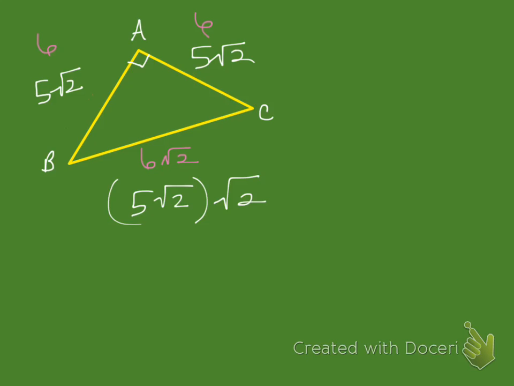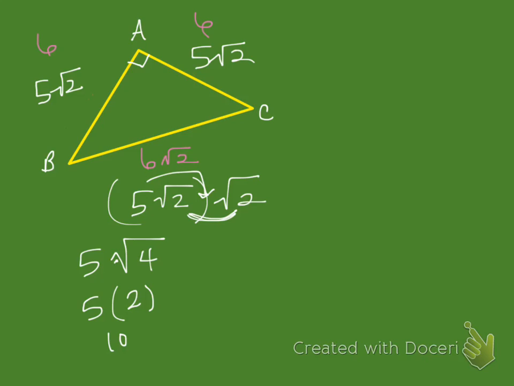So what is 5 square roots of 2 times the square root of 2? Well, you just multiply the outside numbers of your radicals, which is 5 and 1, so you have 5, times, then you take your radical numbers and multiply underneath, so it becomes square root of 4.